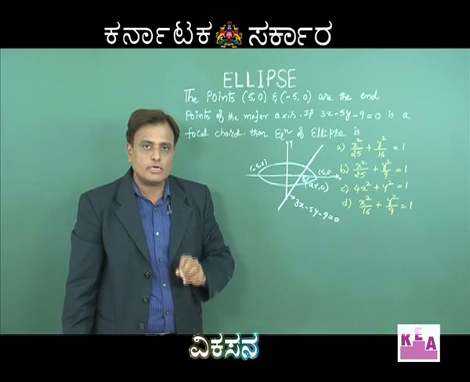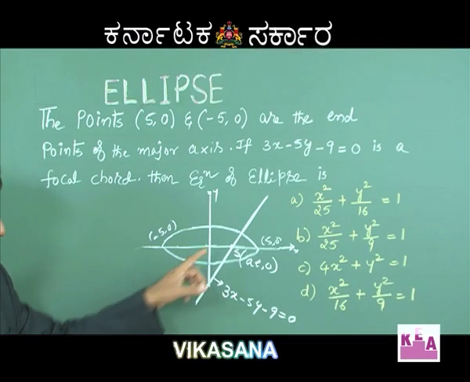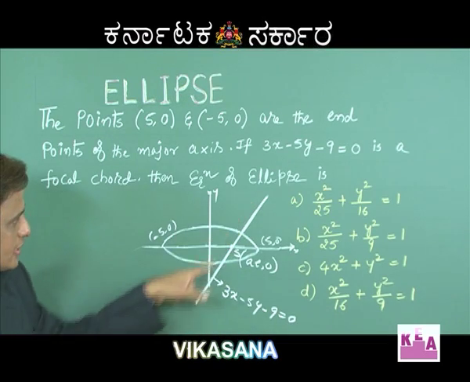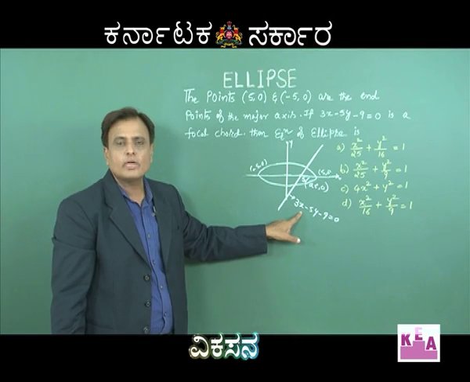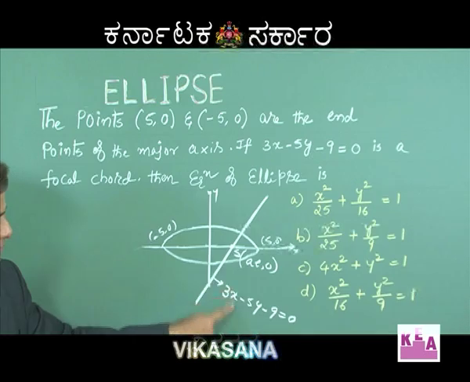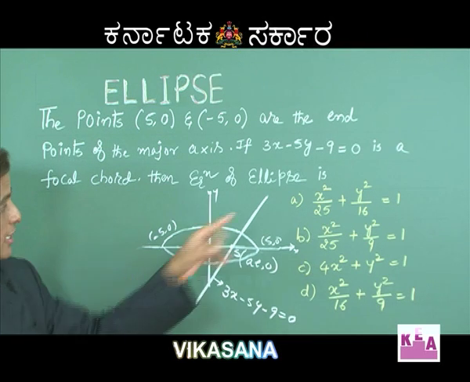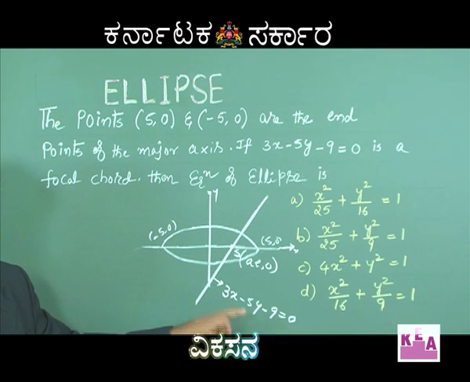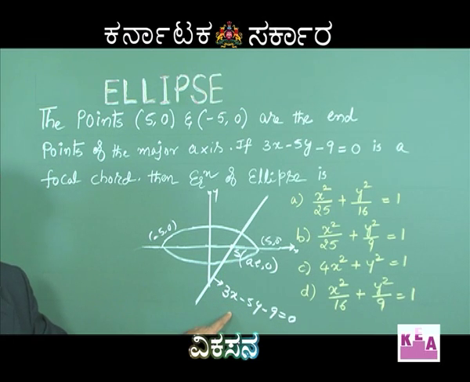Dear students, observe this small technique. Now we will work on a shortcut only. Since the focus lies on this line, the coordinates of the focus always satisfy its equation. Are you getting my point? I hope you understand this. Again I repeat: the focus lies on the line 3x - 5y - 9 = 0, so the coordinates of the focus must satisfy this.